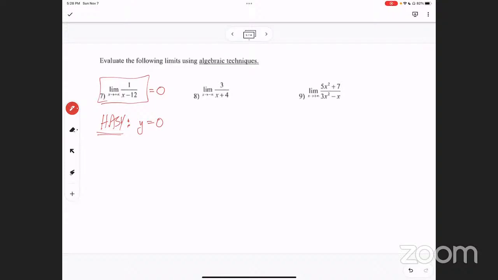The other thing is to just kind of plug in. Another way, maybe an algebraic technique, is to plug in some really big numbers, like a T-chart. Plug in 100 for x. You're going to get 1 over 88. Plug in 1,000.